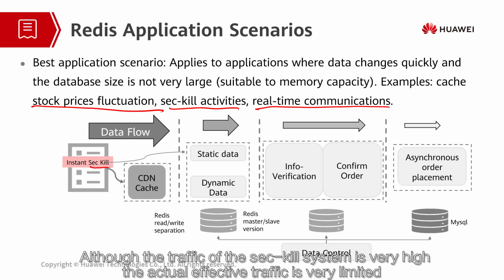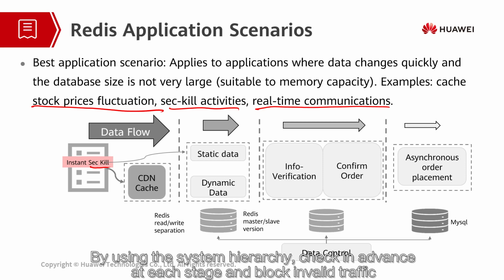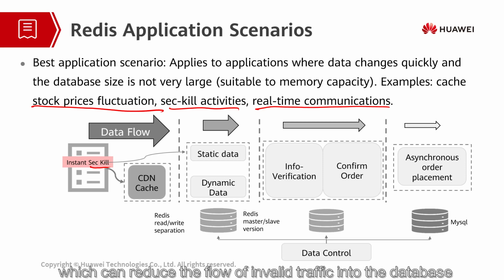Although the traffic of the secure system is very high, the actual effective traffic is very limited. By using the system hierarchy, check in advance at each stage and block invalid traffic, which can reduce the flow of invalid traffic into the database.